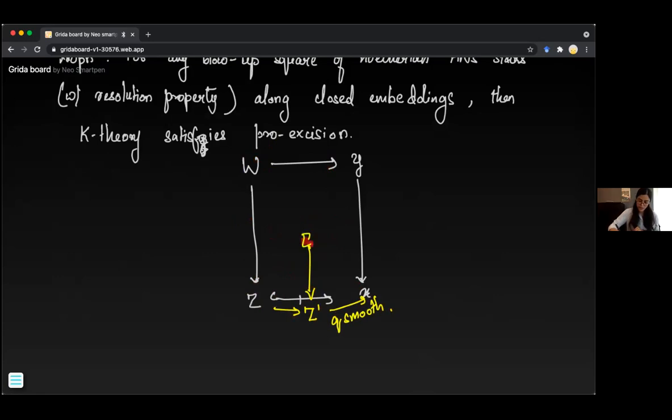So you have some Z tilde and X tilde. So this is a derived blow-up square. And you have E over here, so your original blow-up would sit as a closed embedding inside your derived blow-up. So this is a finite cdh square.